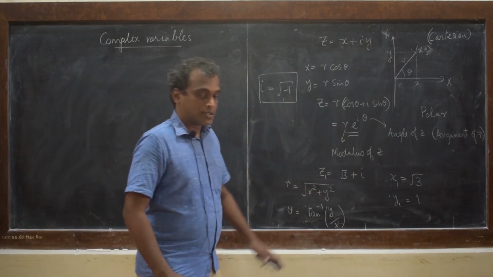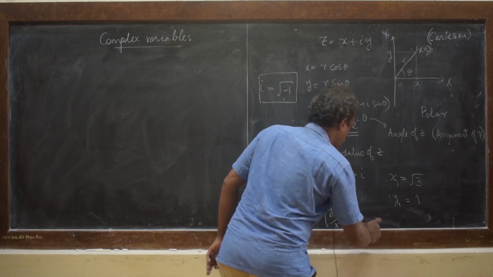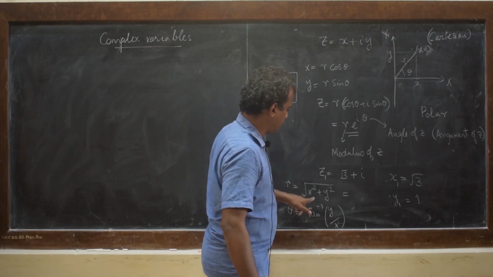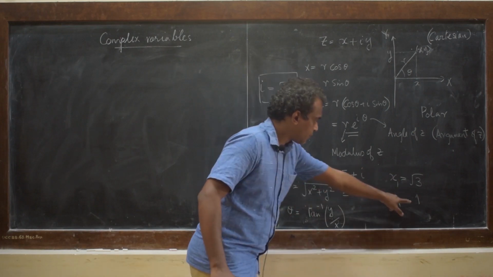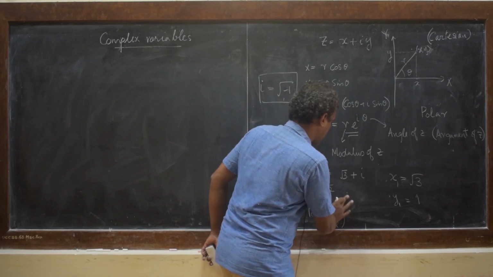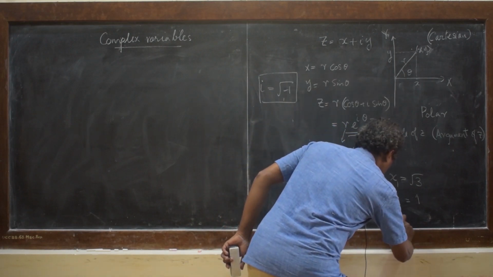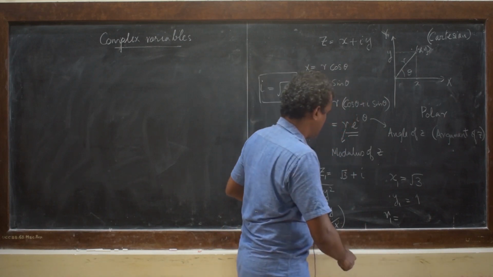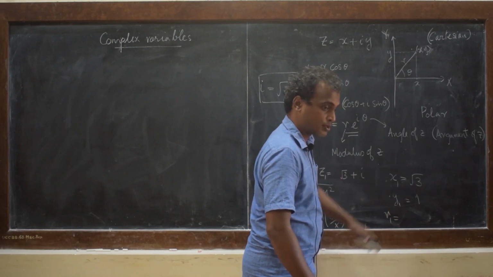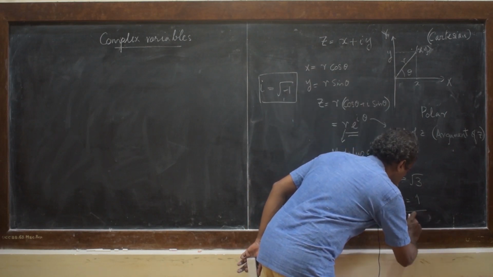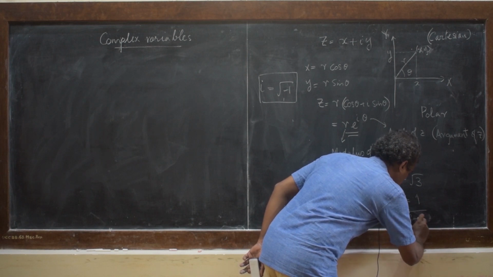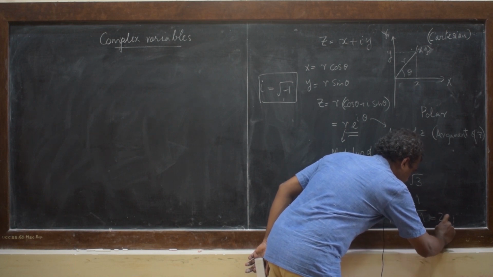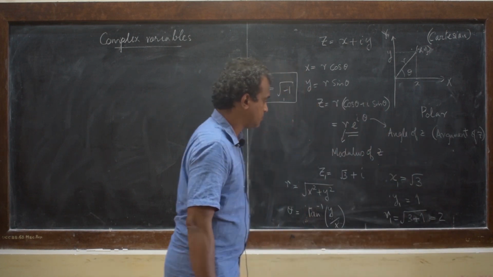So, for the case of this complex number, we could easily find the polar form by substituting for x and y. We see that r1, the modulus of this complex number, happens to be the square root of x1 square plus y1 square, which is 3 plus 1, equal to square root of 4, which is 2.